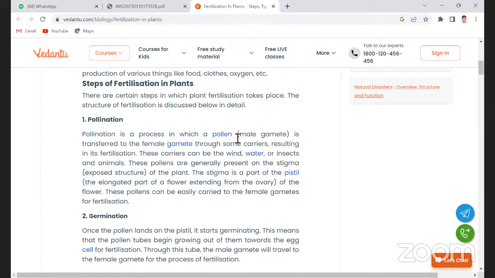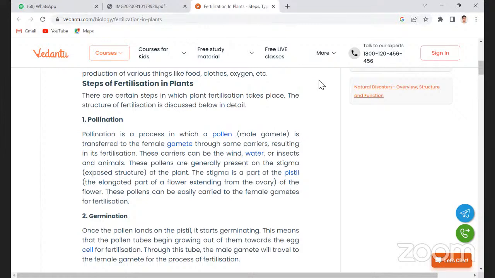These pollen grains are generally present on the stigma of the plant.